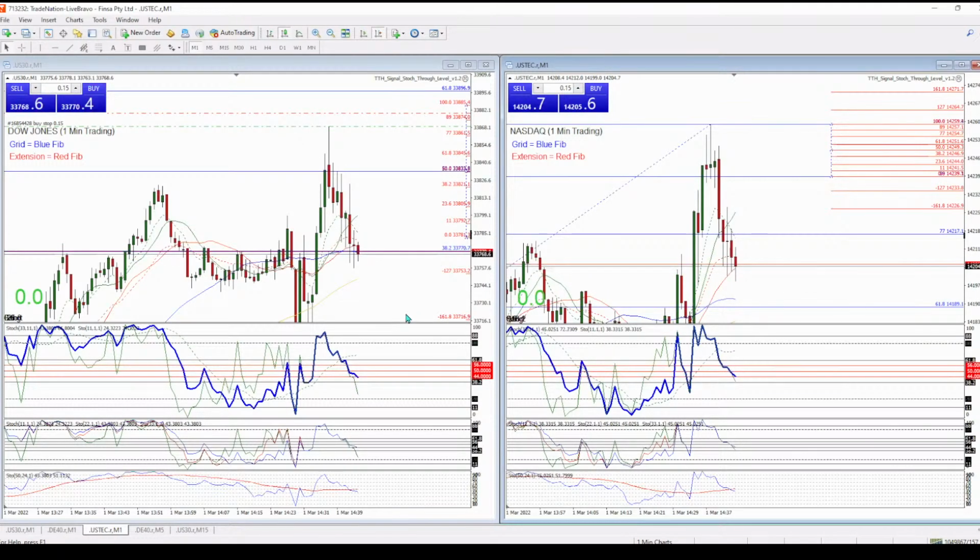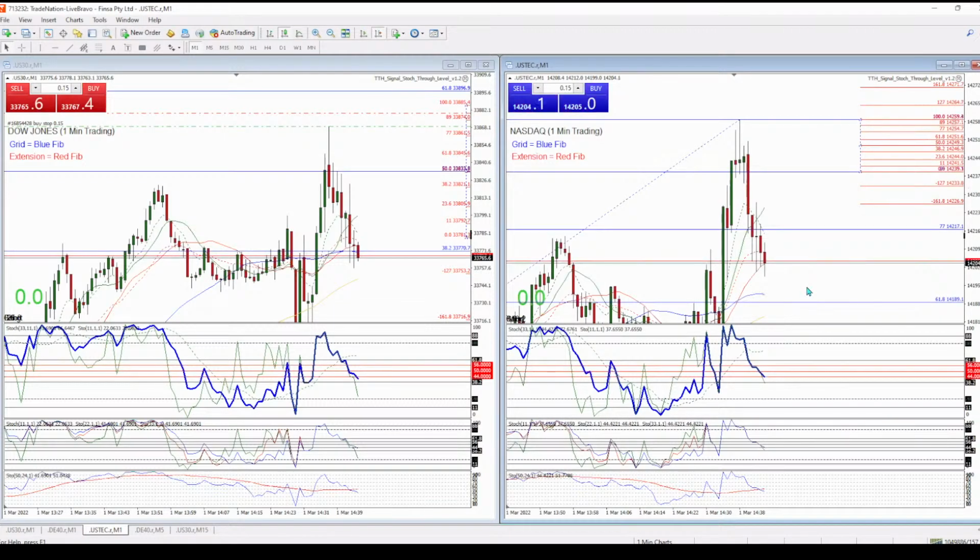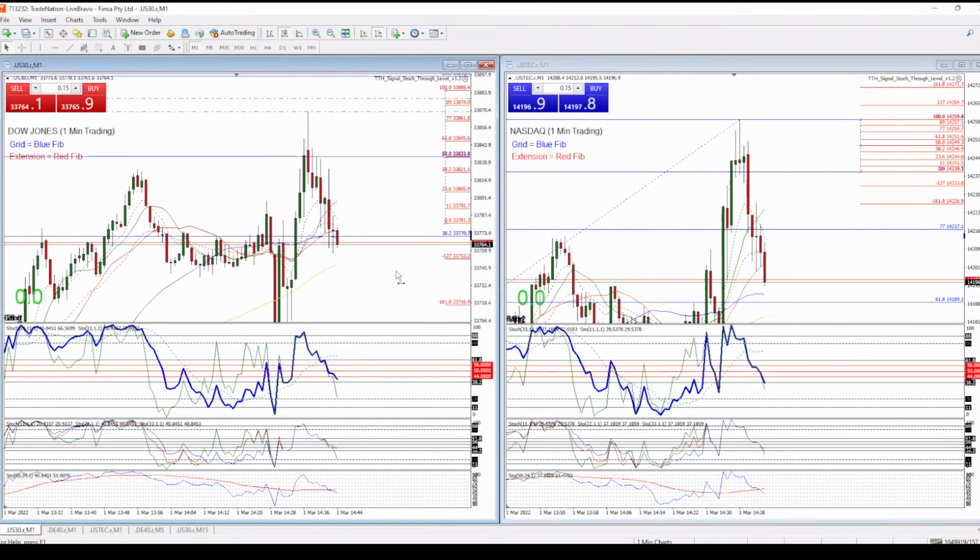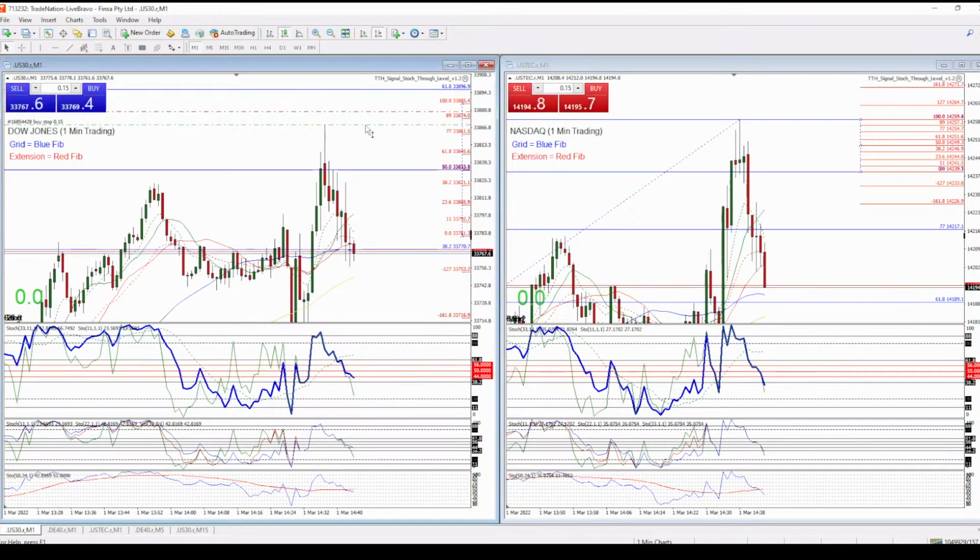Took TP on that one. Nice. Going to delete this buy stop.